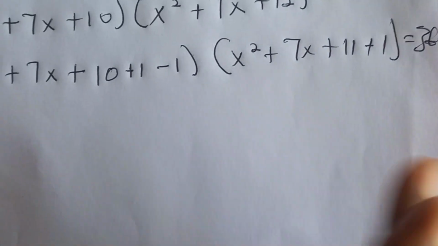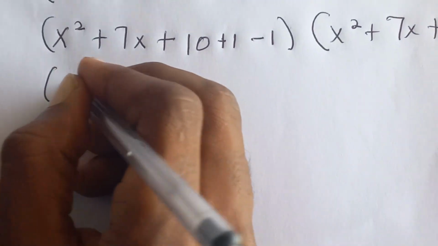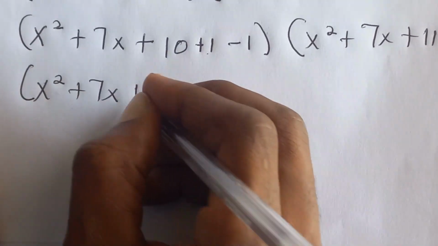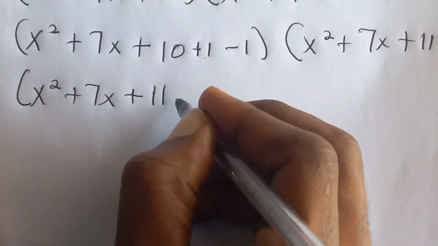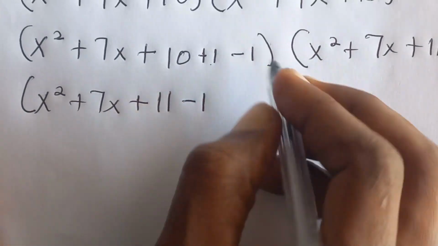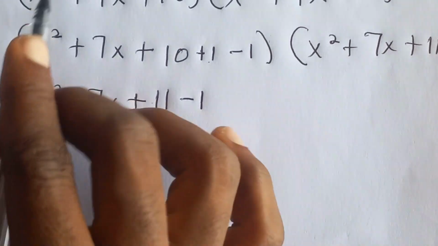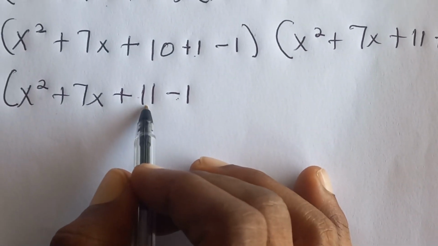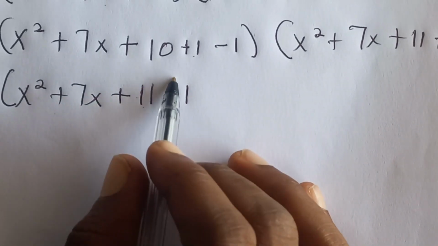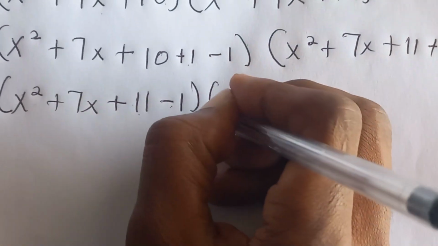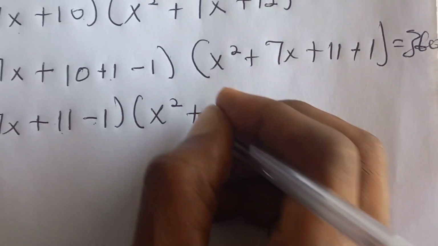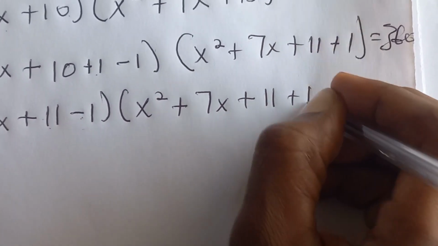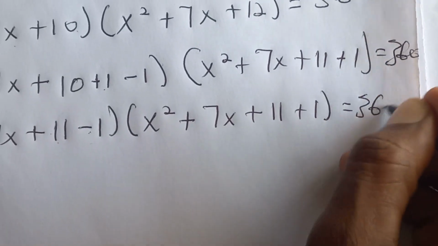So with this, we get x squared plus 7x plus 11, minus 1. So this minus 1 makes this whole thing look like x squared plus 7x plus 10. So we create and destroy. So this here is the same as the 10, in bracket. Then we have x squared plus 7x plus 11 plus 1 is equal to 360.